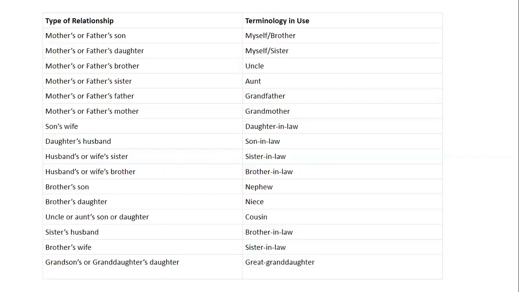Brother's son is nephew. Brother's daughter is niece. Uncle or aunt's son or daughter is cousin. Sister's husband is brother-in-law. Brother's wife is sister-in-law. Grandson's daughter is great-granddaughter. So these are all the terms.